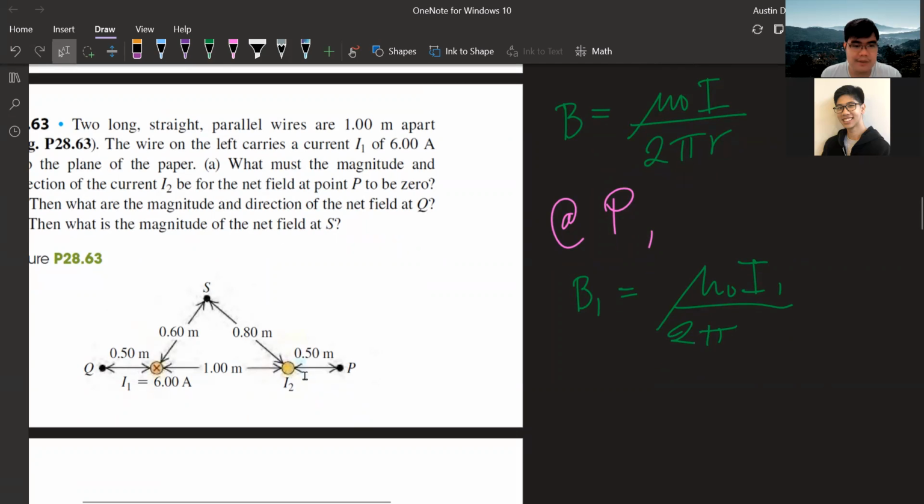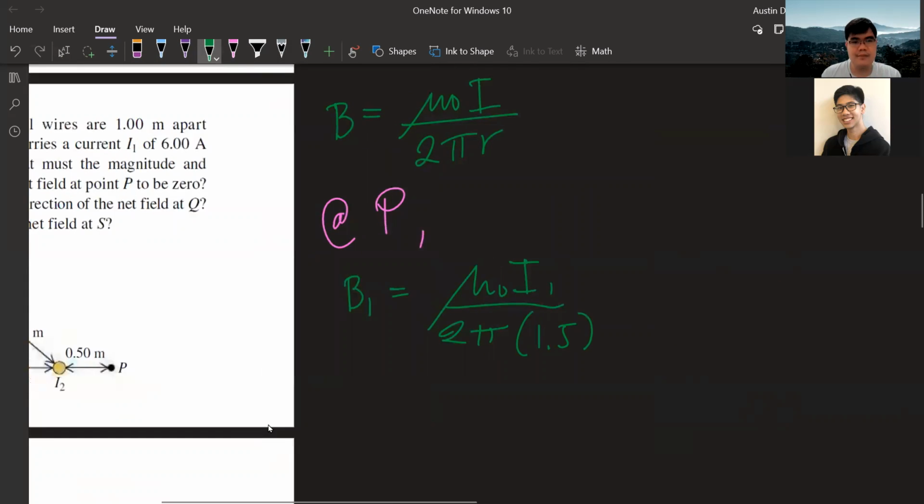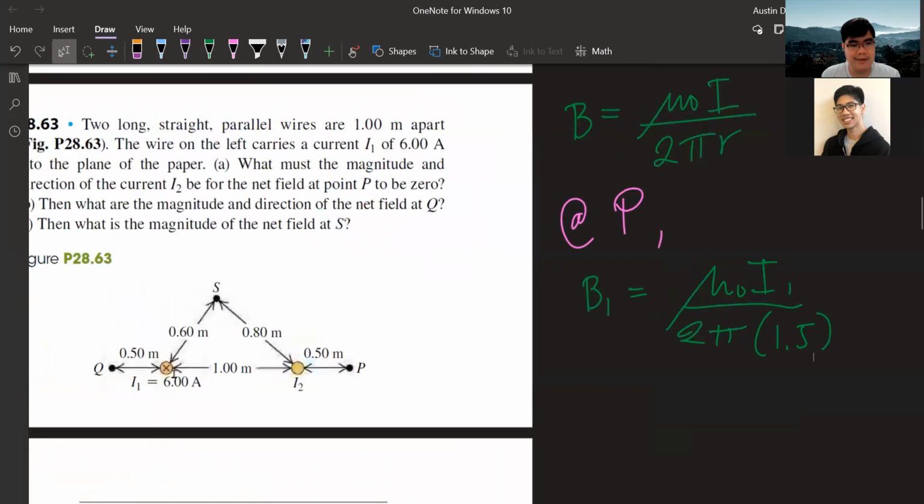So that's 1 meter plus 0.5. So we have 1.5. Okay. And then by the right hand rule, this points downward. Okay. So into the page yung current.